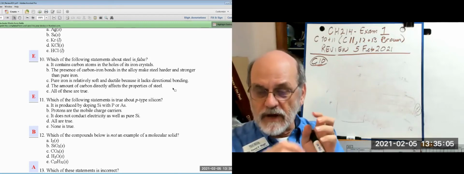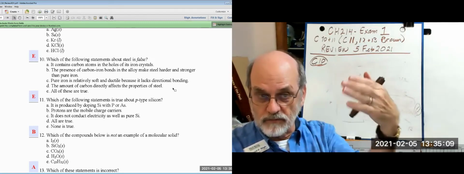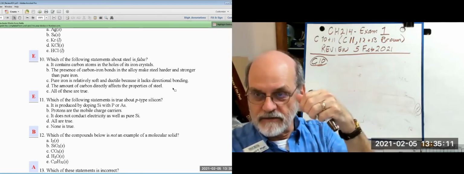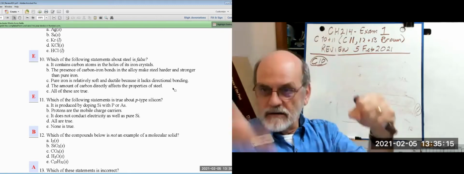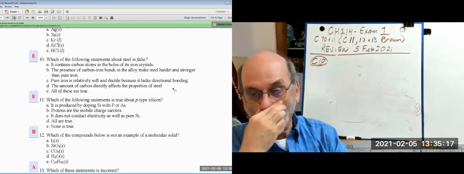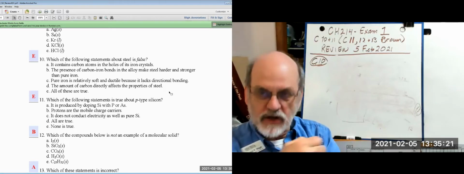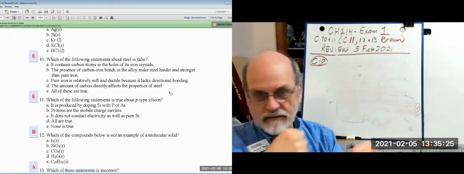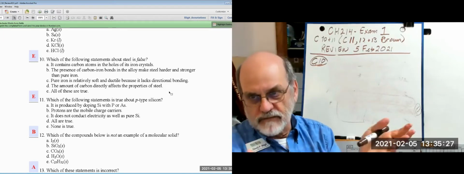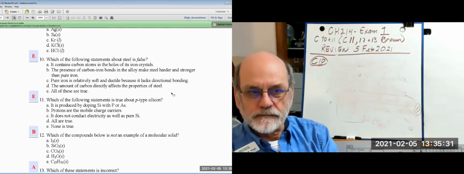The bonding among the iron atoms is like the problem before it, where you have iron cations with electrons in a sea. So there's really no directional bonding. You can move it, and it's just as happy to bond to the next one. You move it over, okay, I'll bond with whoever you want me to.